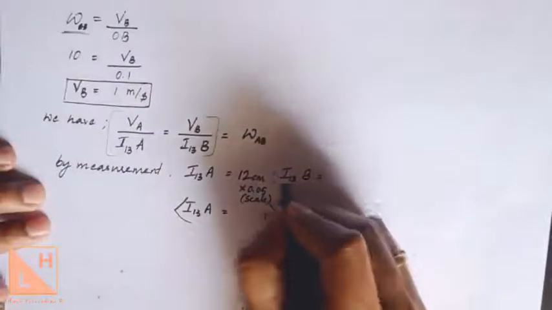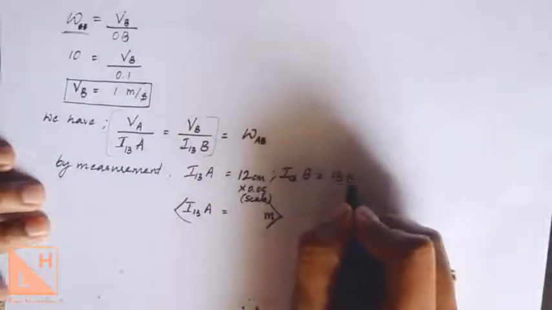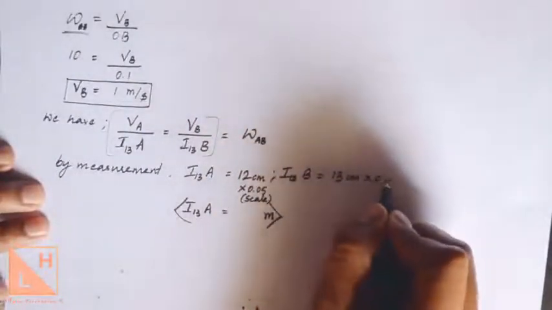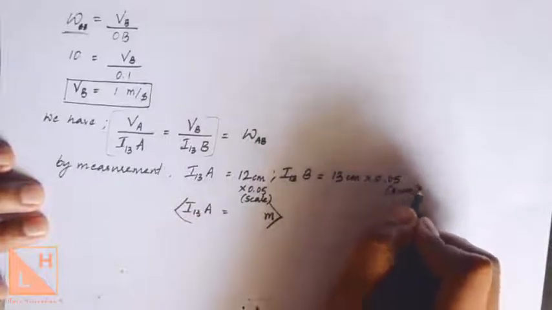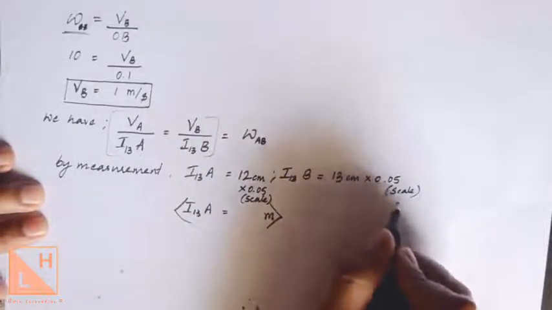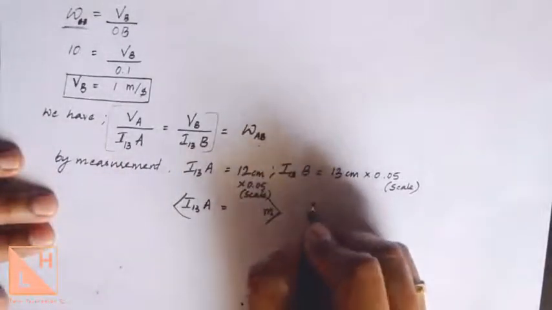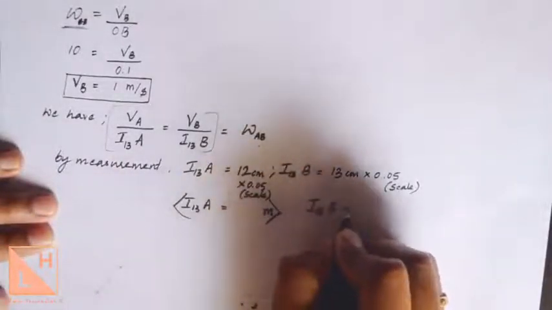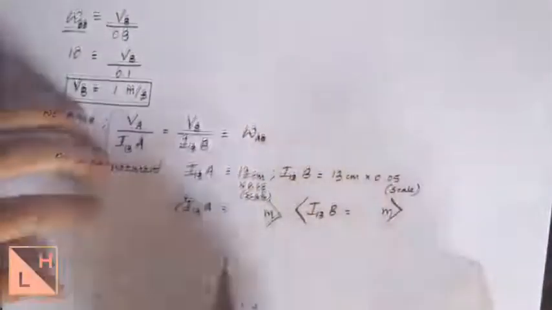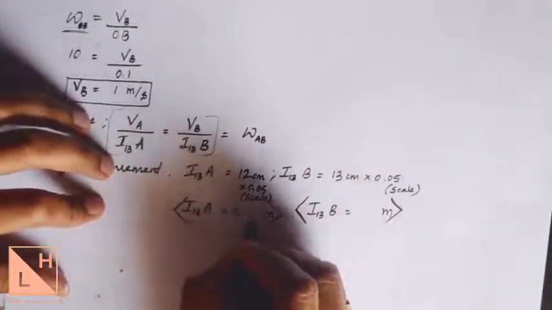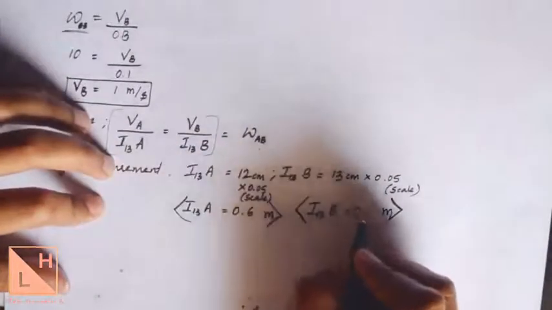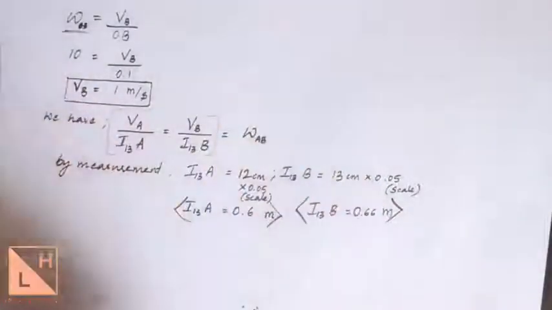So this is going to be 13 centimeter multiplied by the scale. Okay. So you get I13B when you calculate this. So we'll get this one as 0.6 meter and we'll get this one as 0.66 meters.